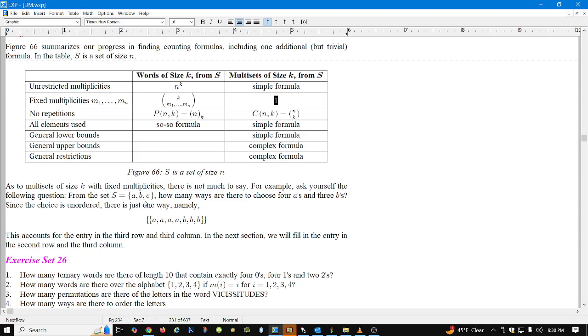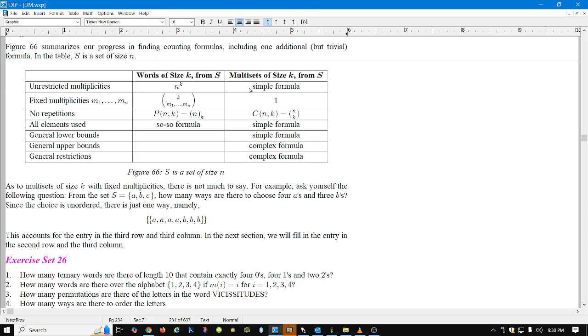From the set containing A, B, and C, how many ways are there to choose 4 A's and 3 B's? Well, since the choice is unordered, these are multisets, there's just one way. A, A, A, A, B, B, B. That's it. It's only one way. So that fills in this cell here.